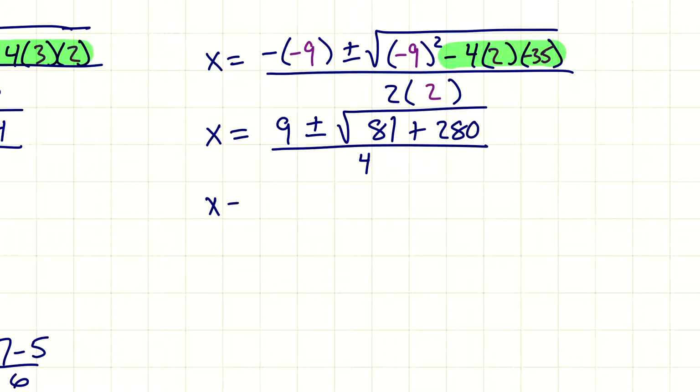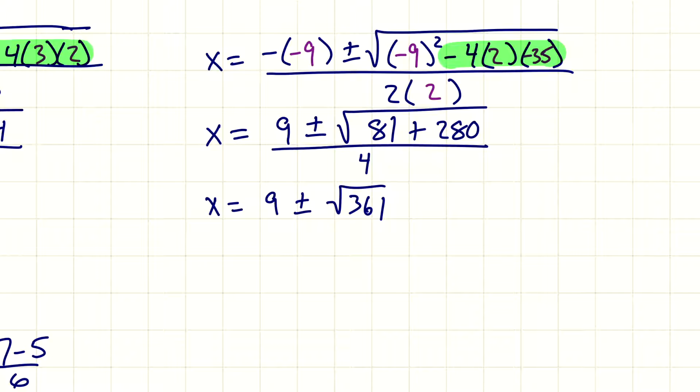All right, so now we have 9 plus or minus, what's 81 plus 280? 81 plus 280. All right, 361. Is that right? All right. And so does that work out nicely?